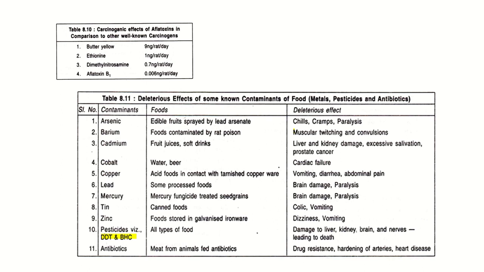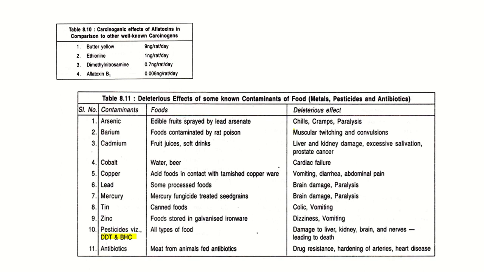But if you add any acidic food into these copper metals, these acidic foods in contact with the tarnished copperware will cause toxicity in human beings. It may cause abdominal pain, cramps in the stomach, vomiting, dizziness, and diarrhea too. So these are the symptoms caused by copper toxicity or copper contaminants.